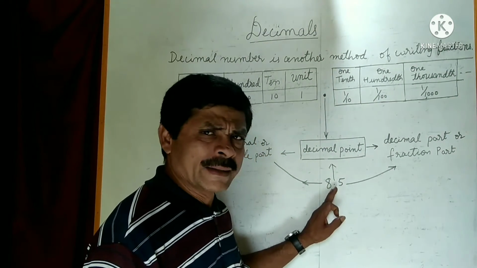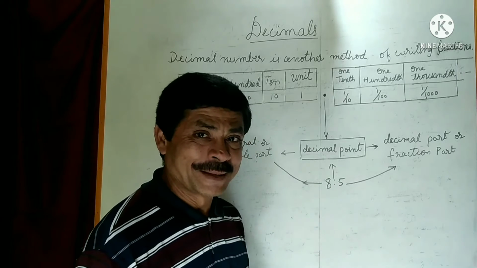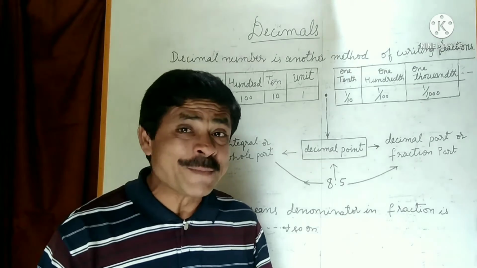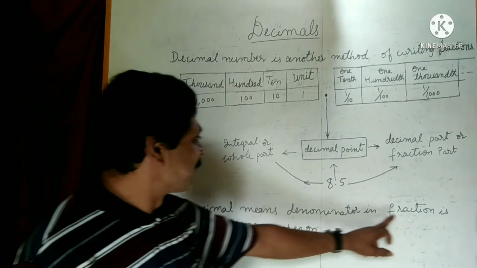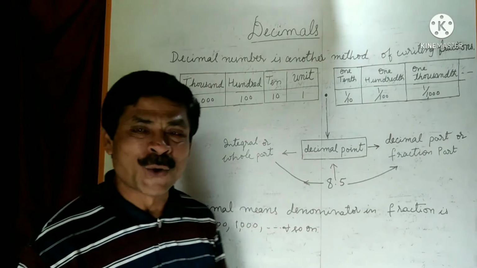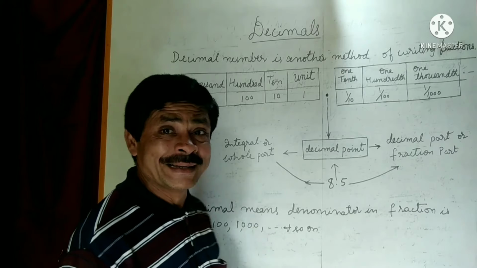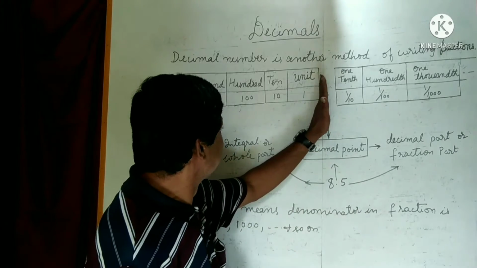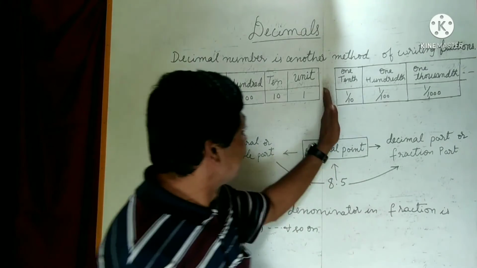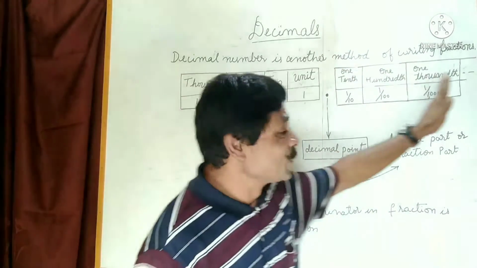In any number, if there is a decimal point, it is called a decimal number. So 8.5 is a decimal number. Decimal means the denominator in the fraction is 10, 100, 1000 and so on. Place value of a digit to the left of a decimal point increases as we move from right to left, and place value of a digit to the right of a decimal point decreases as we move from left to right.